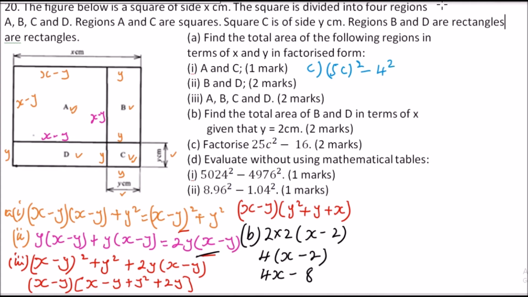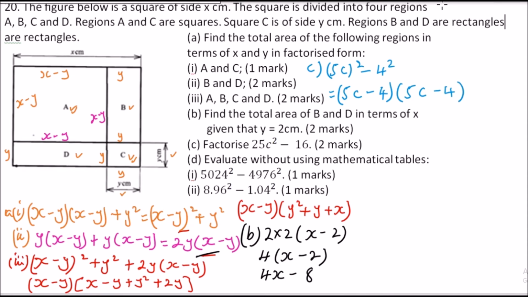So that's a difference of 2 squares, which we can write as bracket 5c minus 4, and then bracket 5c plus 4. So that is how you factorize that.